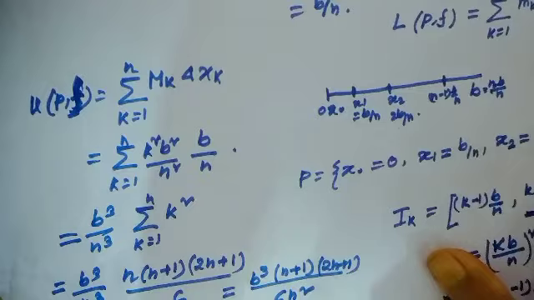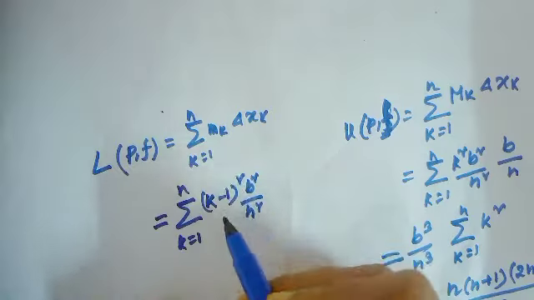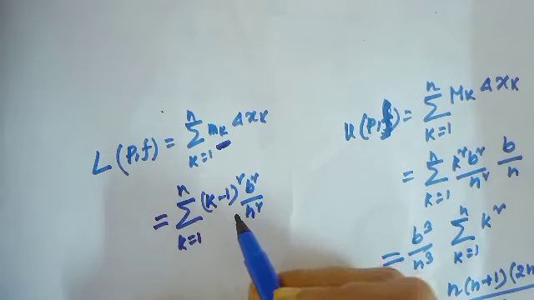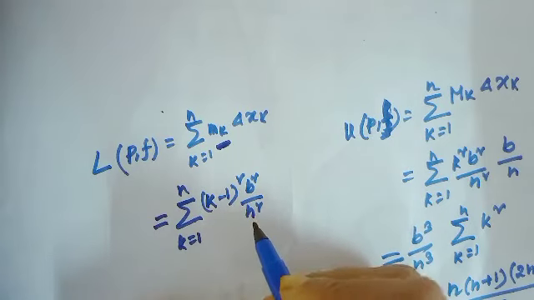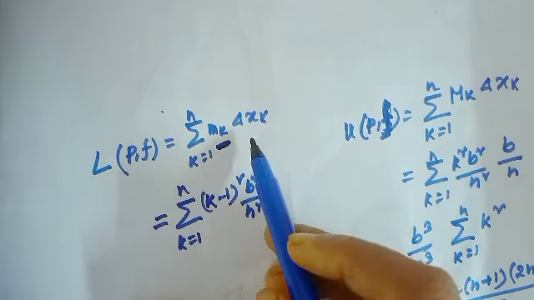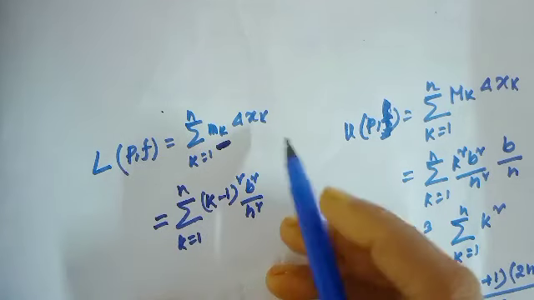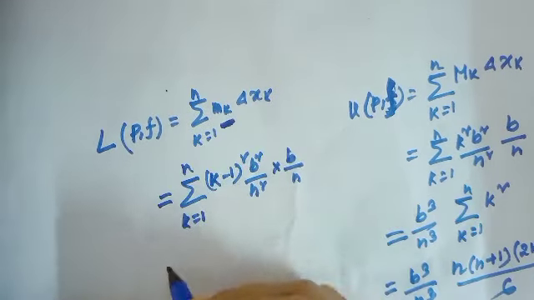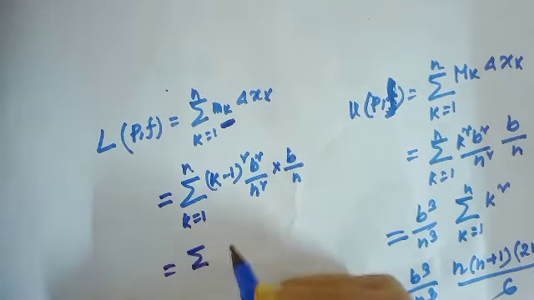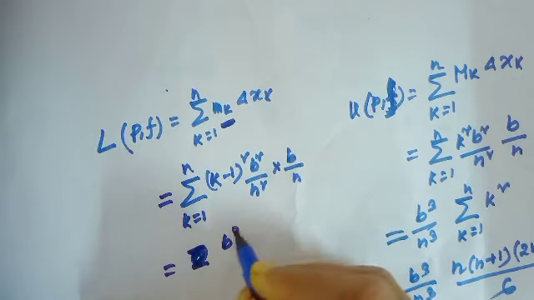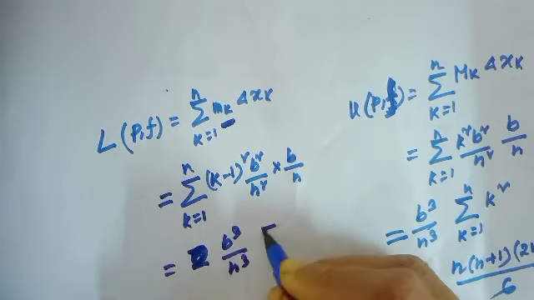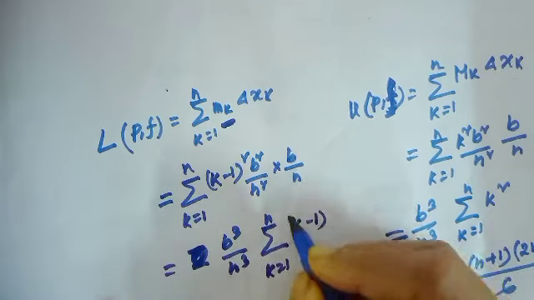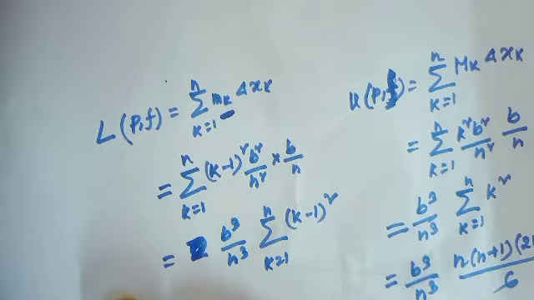Now similarly we have to find LPF. Here at first put the value of small mk. This value would be (k minus 1) whole square times b square over n square, and the value of delta xk, just put b over n. That means this is equal to b cube over n cube times summation k equal to 1 to n of (k minus 1) whole square. Put the value similar to before.